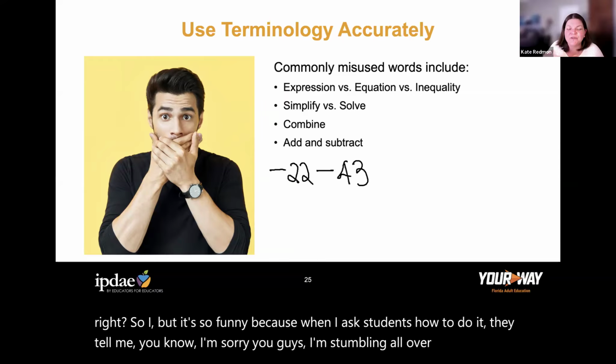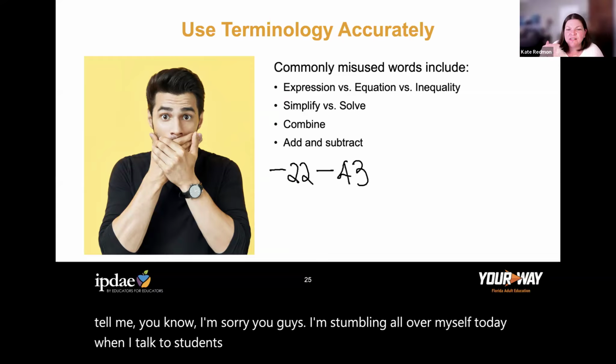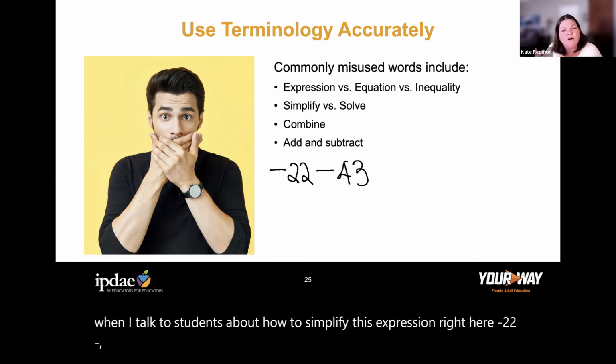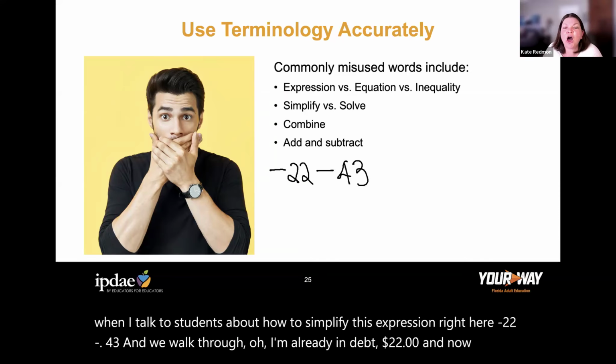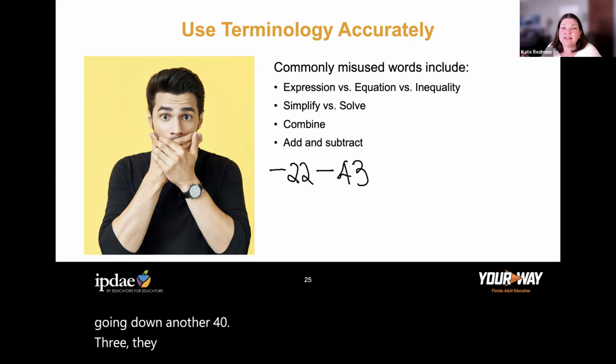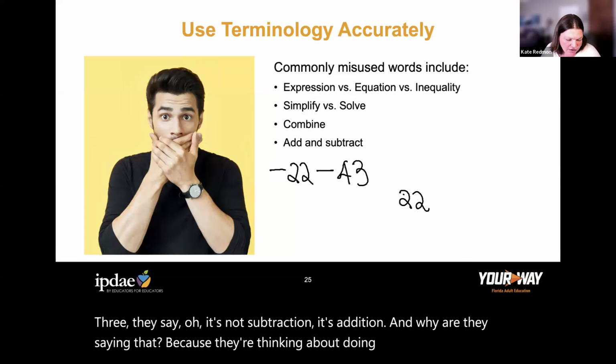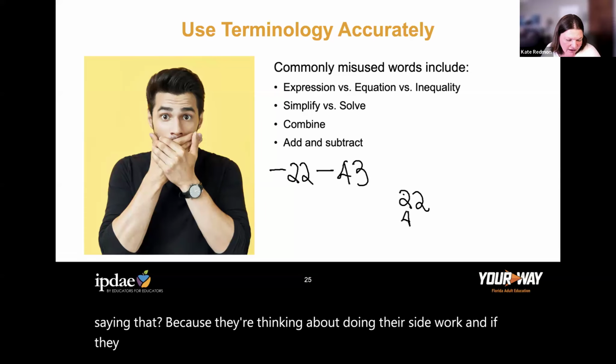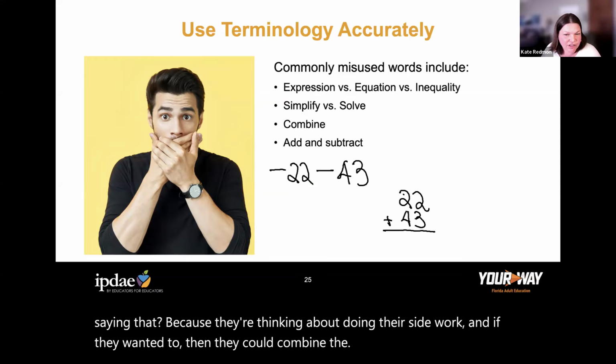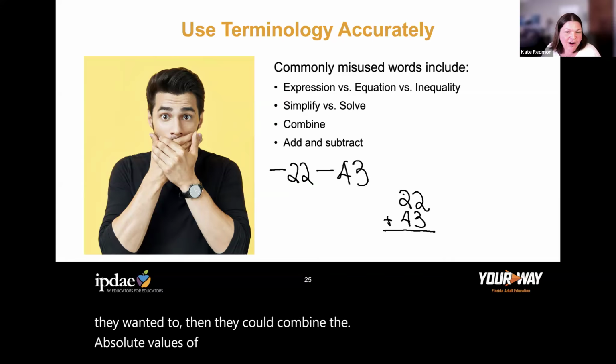When I talk to students about how to simplify this expression right here, negative 22 minus 43, and we walk through, oh, I'm already in debt $22, and now I'm going down another 43, they say, oh, it's not subtraction, it's addition. And why are they saying that? Because they're thinking about doing their side work, and if they wanted to, they could combine the absolute values of 22 and 43 since they're both negative, using addition.